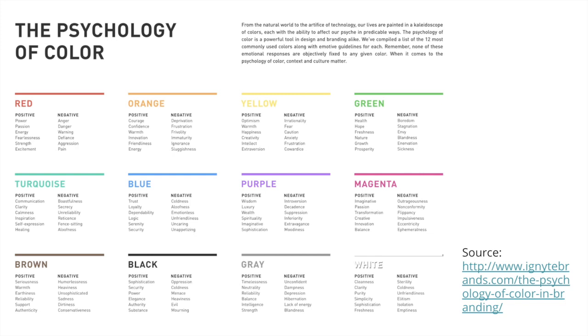So for example, if you think about some financial things, so maybe when you think about a bank, a lot of banks have blue websites or logos and stuff like that, and that's because the positive traits attributed with blue are like trust, loyalty, dependability, logic, security, things like that. So people kind of associate more trustworthy feelings.